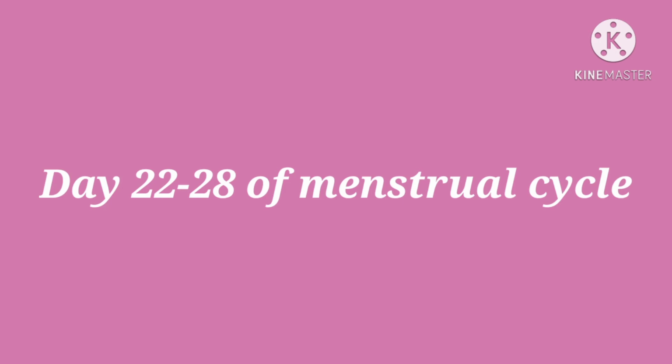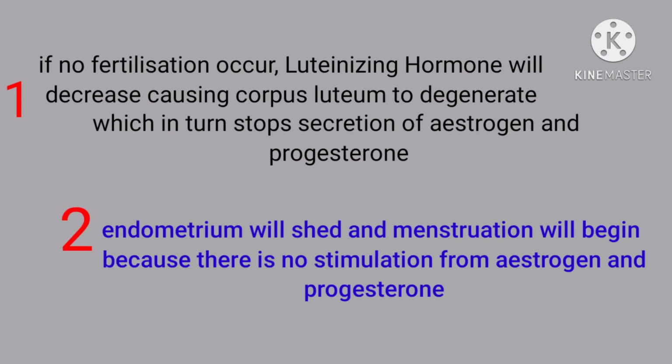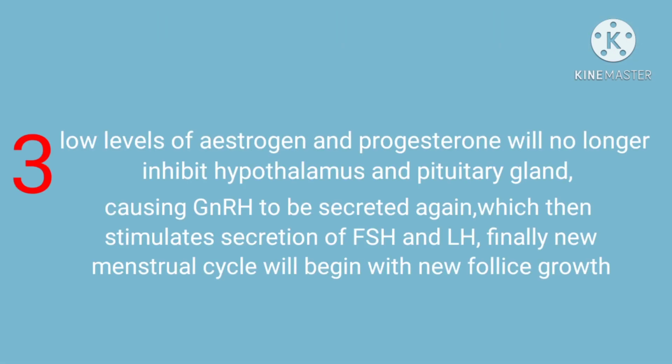Finally, day 22 to 28 of the menstrual cycle. First, if no fertilization occurs, luteinizing hormone will decrease and stop the secretion of estrogen and progesterone. Secondly, the endometrium will shed and menstruation will begin because there is no stimulation from estrogen and progesterone.